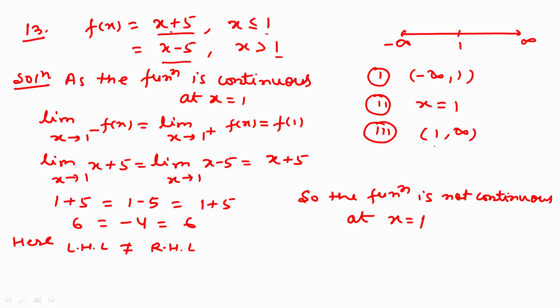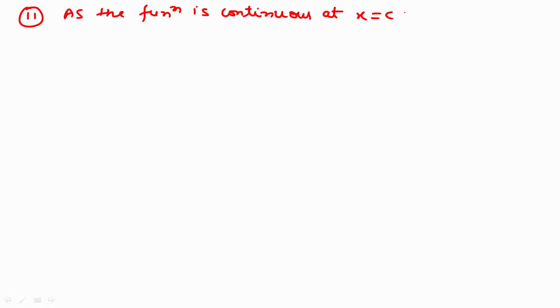Now check for the interval minus infinity to 1. The second case is as the function is continuous at x is equal to c belongs to the open interval minus infinity to 1.